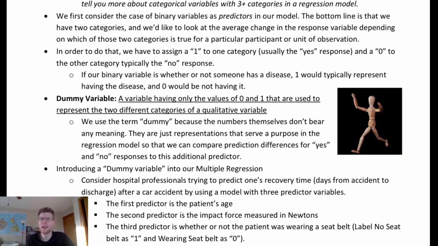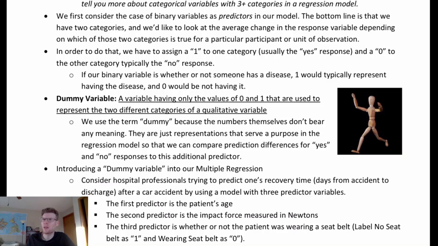And so when we have this trivial case of two categories for just one variable, it doesn't matter that much. But if we did a model where we had a categorical variable with three or more categories, then we would have to create a new dummy variable for each additional category as well. In other words, we have a base level, and then a second category has a dummy variable, a third category has its own dummy variable, a fourth category, etc. And those would each be individual terms that either are added or not, depending on which one is true, which one is showing up.